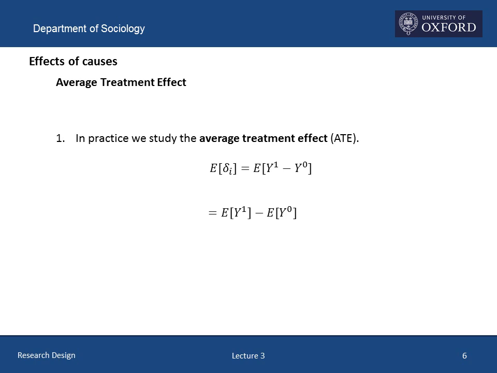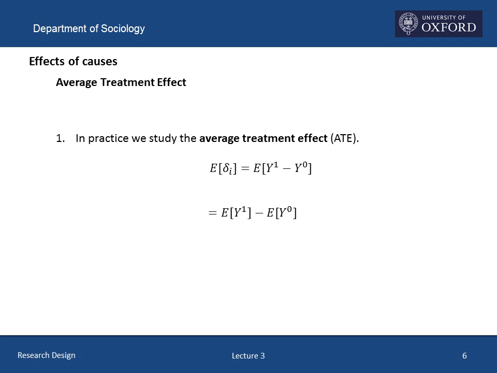So, if delta I is the difference between the 2 potential outcomes for each case, then E[delta I], within brackets, denotes taking the mean of these. But we know that we can't do that, because for each case, one or the other of these is unobserved.